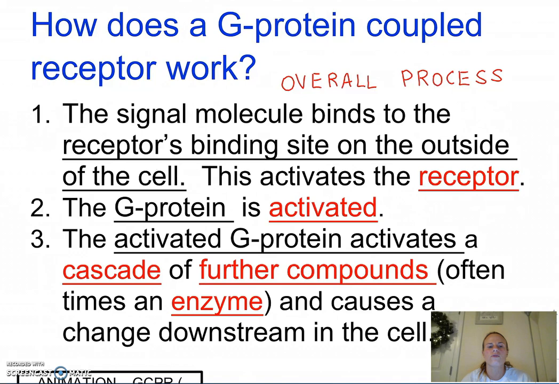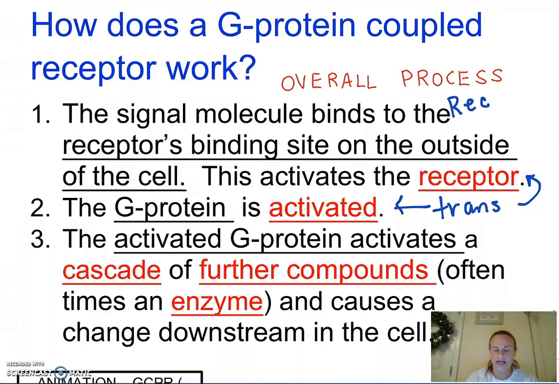Well, here's the overall process. First of all, the receptor binds to a site on the outside of the cell, which then activates the receptor. So here we've got reception. Activating the receptor starts transduction. Now the G protein is activated, transduction is continuing.